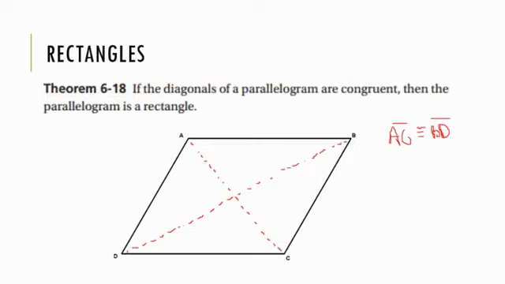In the same respect, we know that if a parallelogram is a rectangle, then the diagonals of the parallelogram are congruent. Well, now if someone tells us that the diagonals are in fact congruent, then we can prove, using this theorem, that ABCD is a rectangle.